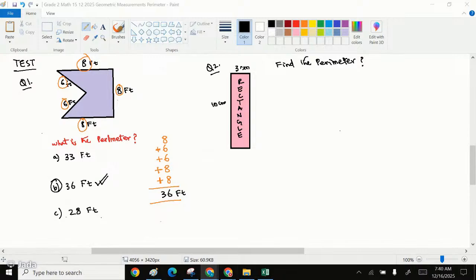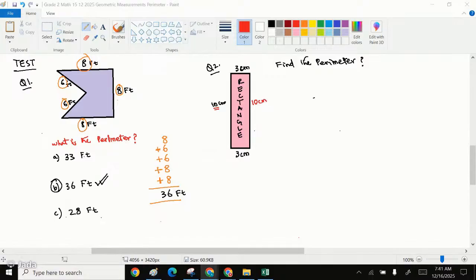A rectangle has 2 pairs of equal sides, right? So if this is 3 centimeter, then this will be 3 centimeter also. Then what about this? If this is 10, what should this be? Should this be 3 or 10? This side should also be 10 centimeter.